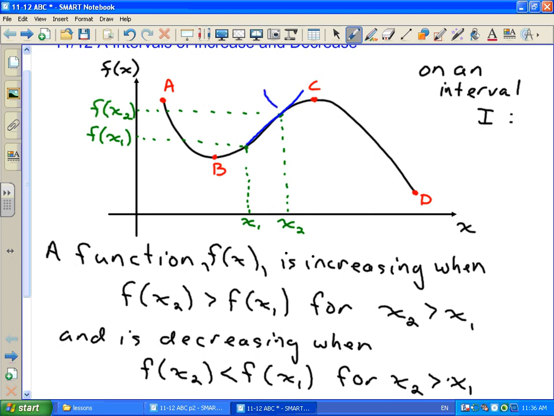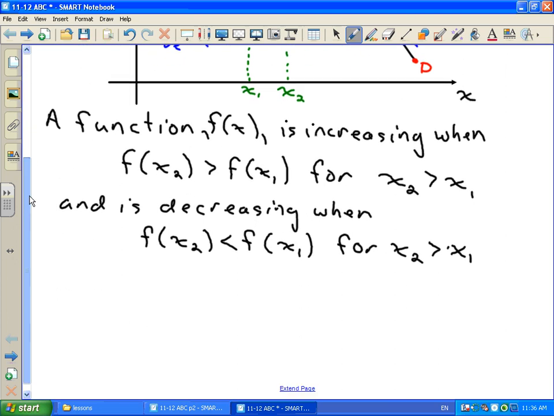And if I go to this interval where it is decreasing, and I draw my tangent here, the slope of my tangent is negative. Same thing over here between A and B. So on intervals where my function is increasing, the slope of the tangent is positive. On intervals where my function is decreasing, the slope of the tangent is negative.